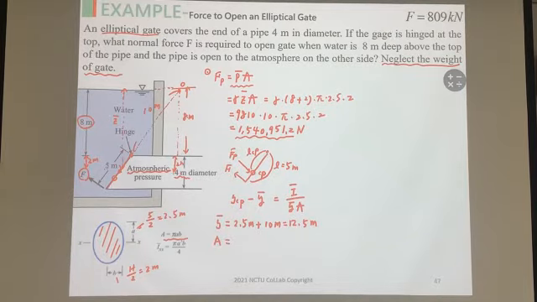And A is the total area. As we know, the total area is equal to pi times 2.5 multiplied by 2. Use your calculators: 2.5 multiply 2 and multiply pi. So around 15.7 square meters.